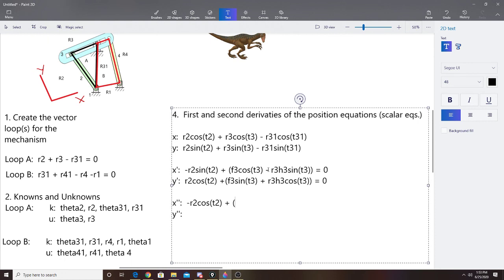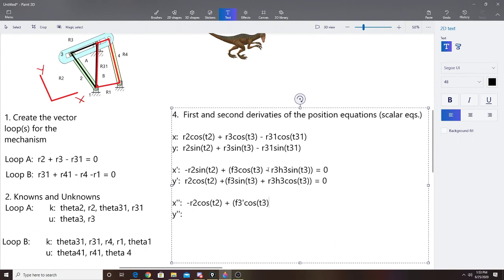So you have to do the same thing here. We do F3 prime, so it's minus actually, so it's minus F3 prime sine T3. Oh, wait a minute, no, I did that wrong. It's just F3 prime cosine T3.